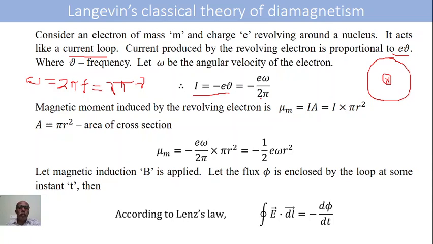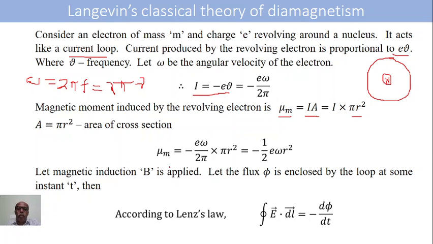Now, the magnetic moment of the electron as it is revolving around the nucleus is mu m, and that is equal to I times A, the product of current and the area, this total area of the circle, which is pi r square.